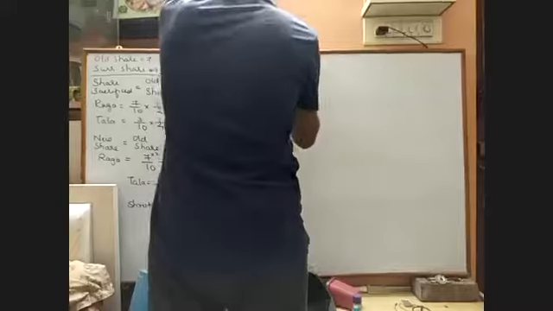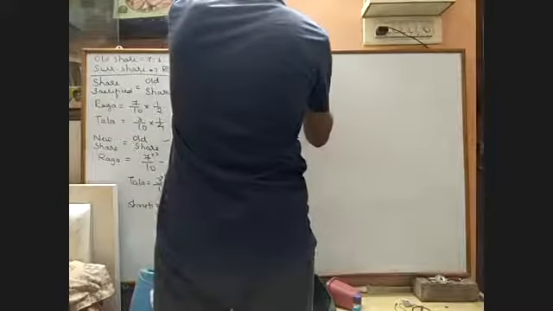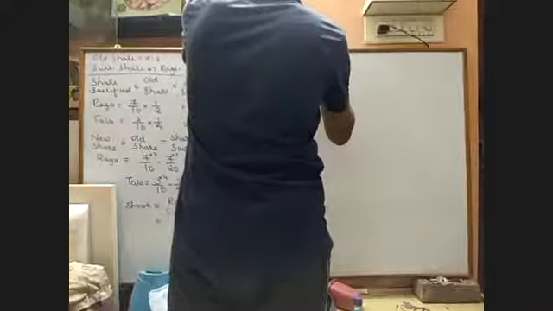So first, let me write. Old ratio is equal to 5:3.